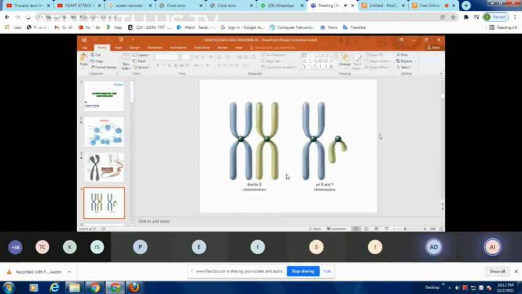Any question? Any confusion? Yes, there is confusion. Then let's share the confusion. I don't want my students to be confused.